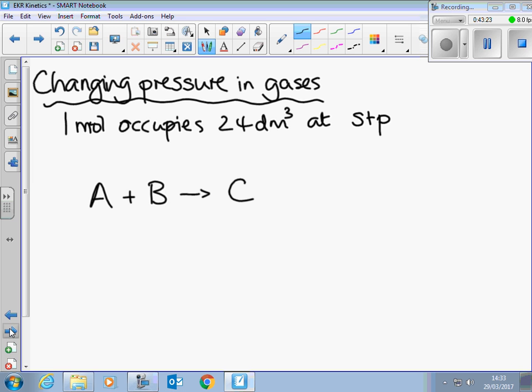If we've got no balancing to do there, if this is 1 mole, then 24 decimeter cubed plus 24 decimeter cubed is going to create, no, that's 1 mole. It's 24 decimeter cubed. So what's happened to the pressure? Well, it reduces, doesn't it? You've got essentially 2 moles on that side and 1 mole on that side, crammed into the same space, as it were.